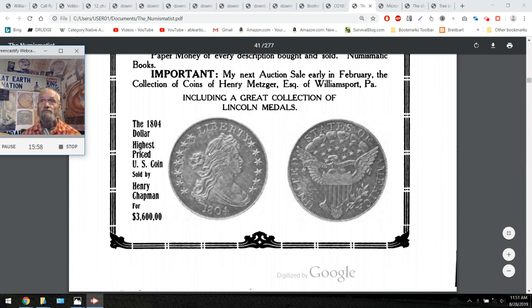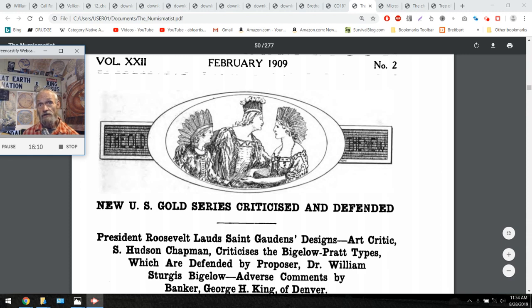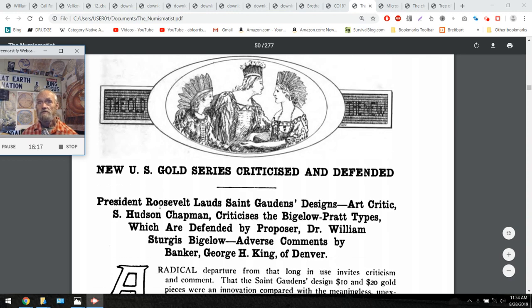Still a little bump up there, but we'll see that change. So sold for $36,000. Wow. All right, we'll take a quick look at volume 2, number 2 here, February.